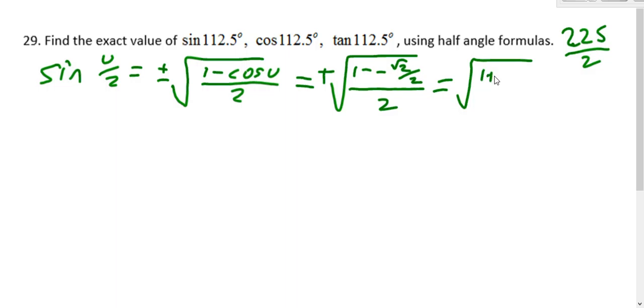So you can simplify that to be 1 plus square root of 2 over 2, all over 2. And you can simplify that fraction within fraction by multiplying everything by 2. So you get 2 plus the square root of 2 over 4, which will simplify to be, when you take the square root, it'll just be a 2.